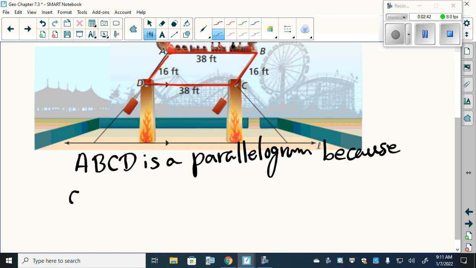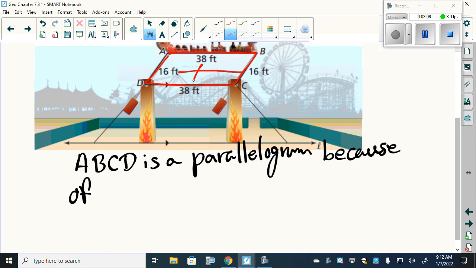Because of what? Do we have any angles? What do we have? Sides. So the opposite side lengths are congruent, yes?